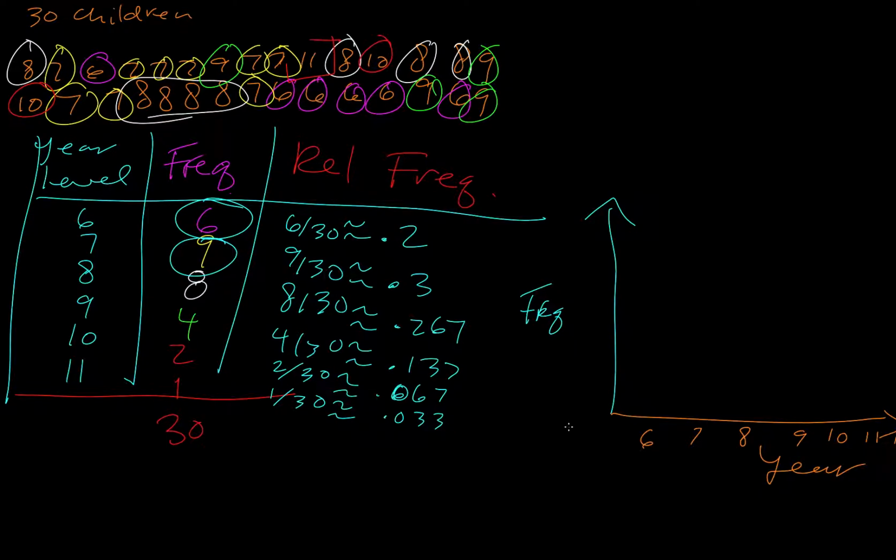Okay, so frequency. So all we really need to do is graph these columns. And so our highest frequency is 9. So really we only need to go up to 9. And I'm just going to drop by 2s. Then 0. So 6, which should be 6 tall. 7 should be 9 tall.